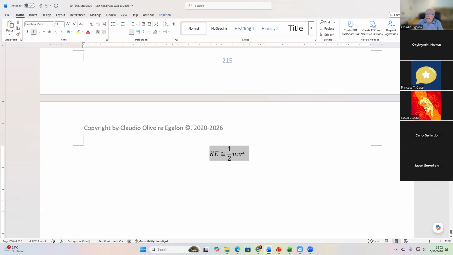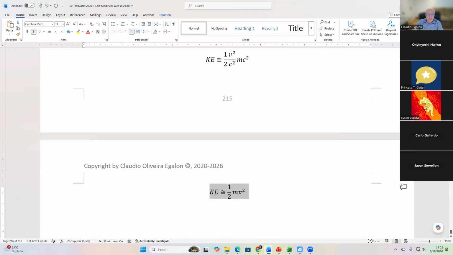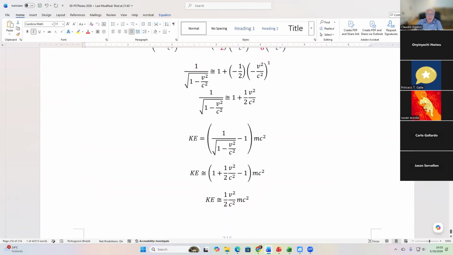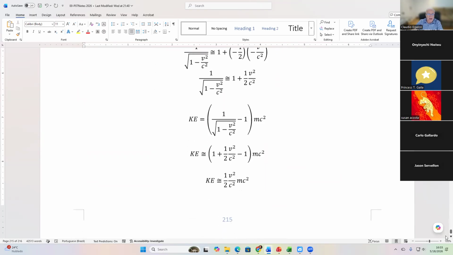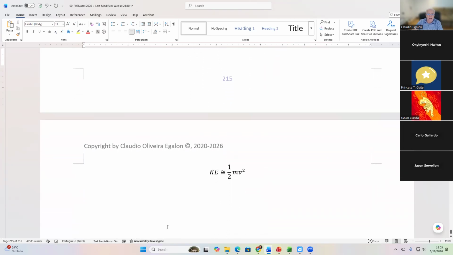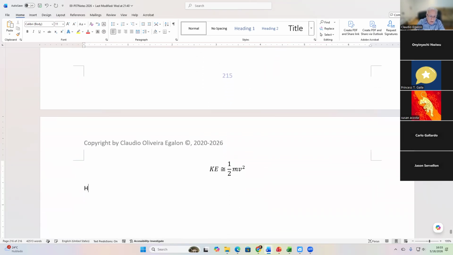But now I can come up with another approximation. We can come up with the second order approximation here and see how the relativistic kinetic energy looks like.